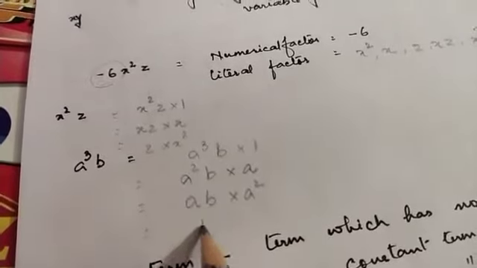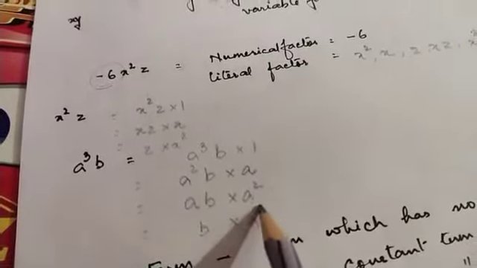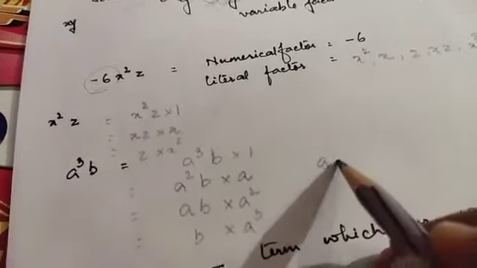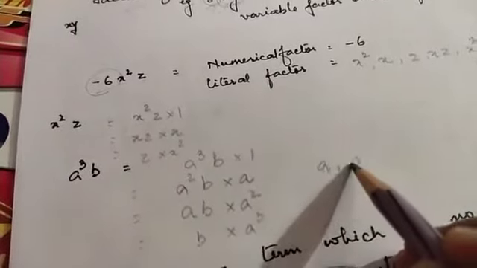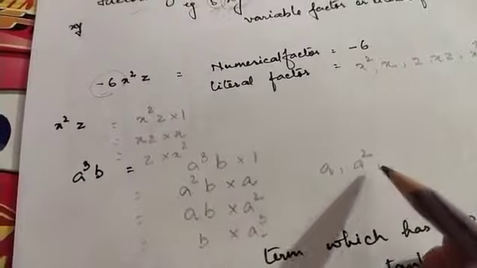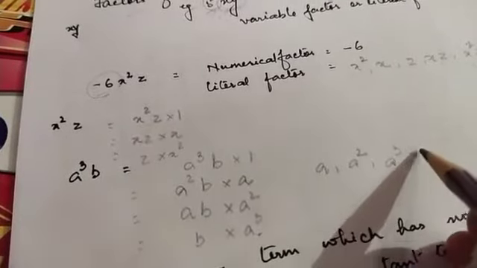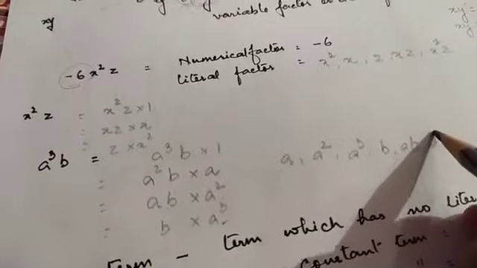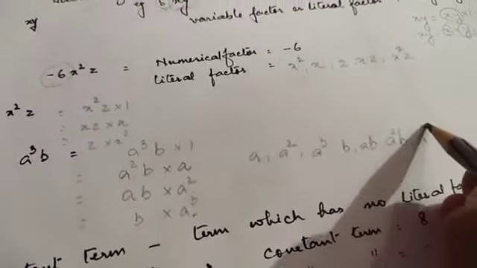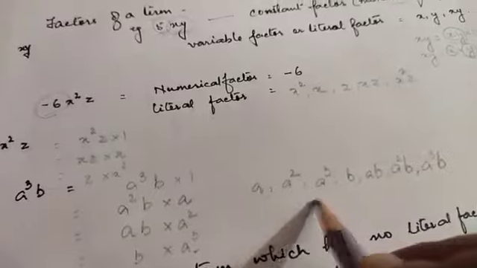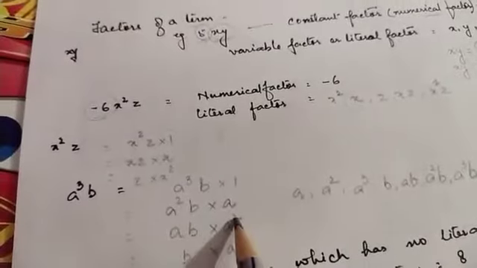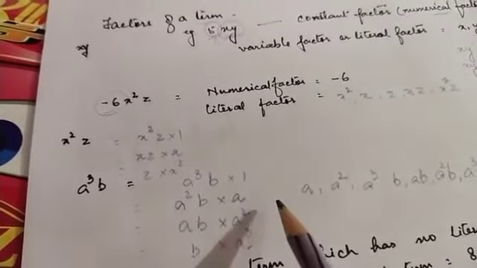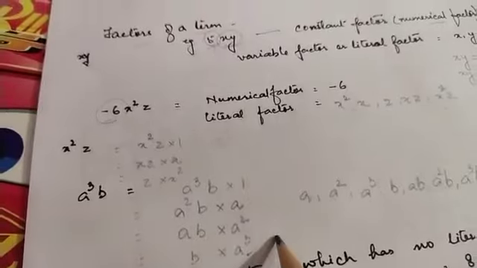Then we have b into a cube. So we can write this as a square, a cube, b, ab, a square b and a cube b. Similar way, you can factorize other terms also.